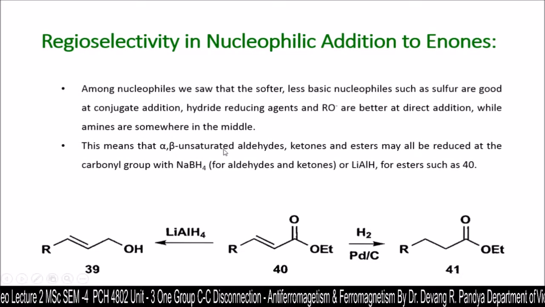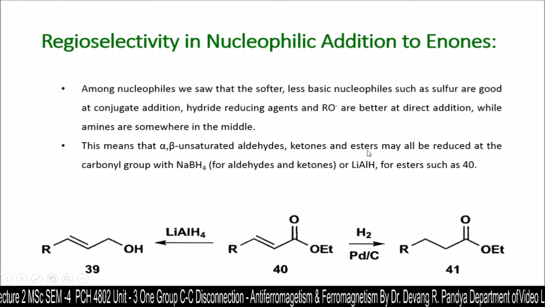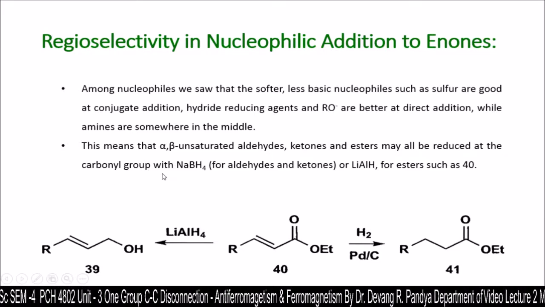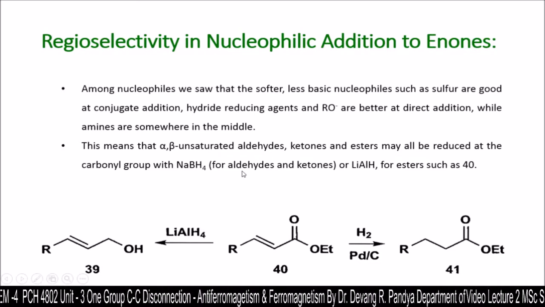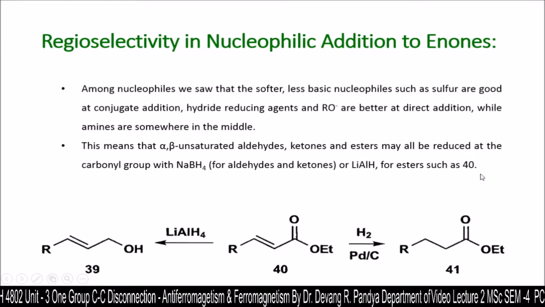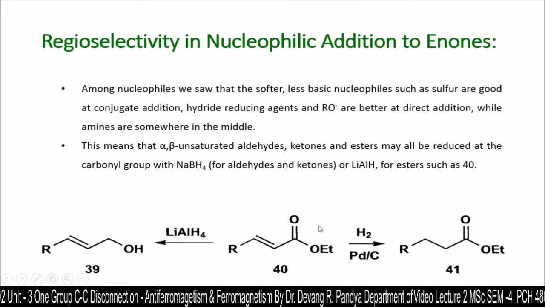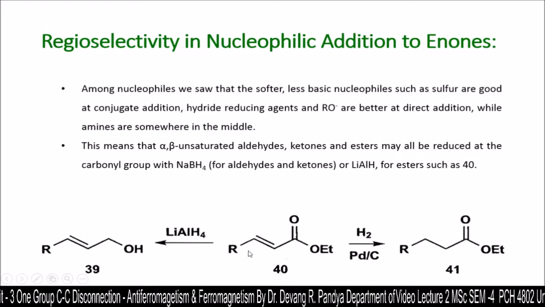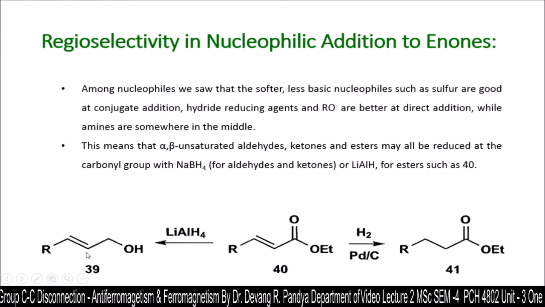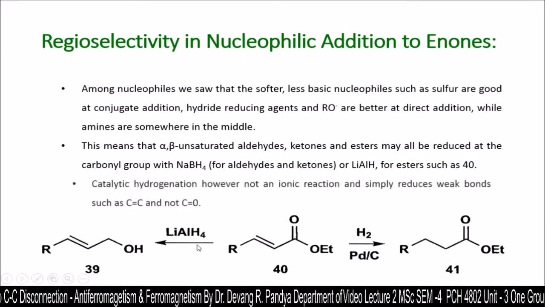This means that alpha beta unsaturated aldehydes, ketones and esters may all be reduced at the carbonyl group, with sodium borohydride for aldehydes and ketones, or lithium aluminum hydride for esters, as shown in example 14. For an ester, we need to take lithium aluminum hydride as the reducing agent to get our structure 39.